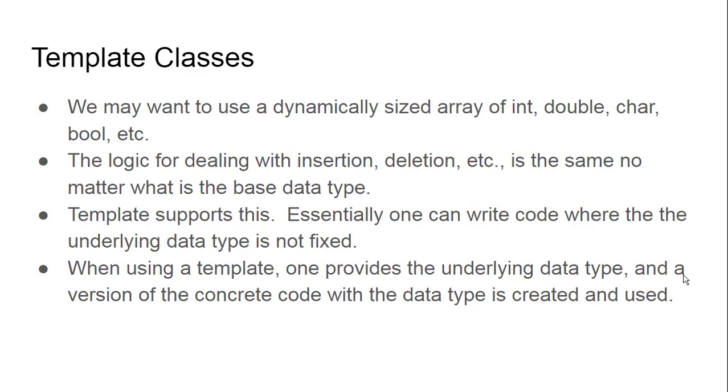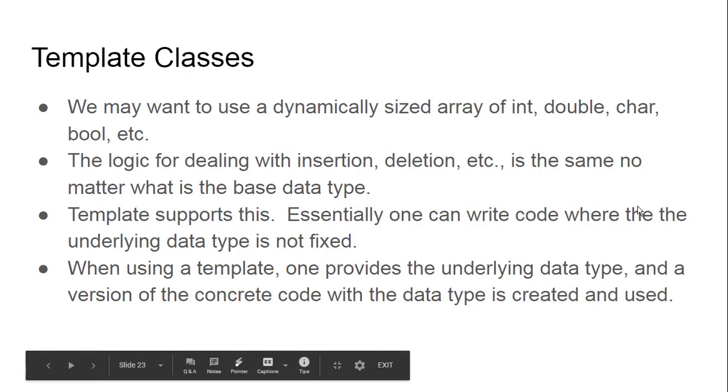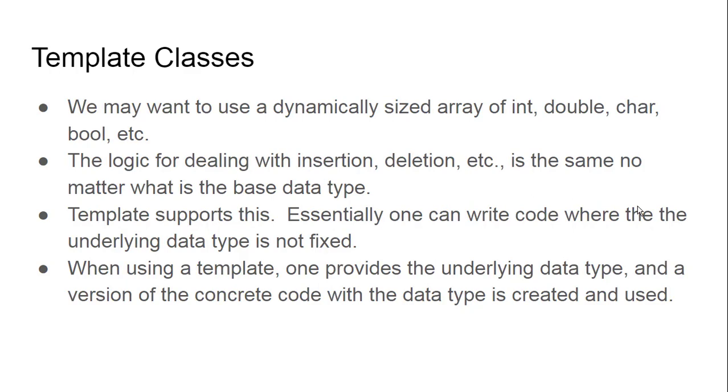Then you have a concrete version of the code. So in that sense, you can view a template as almost like a macro. Maybe it's a macro on steroids, but it's not implemented with the same mechanism. Conceptually, you can think of template as a macro mechanism that enables you to create a version of the code where the data type is made concrete.